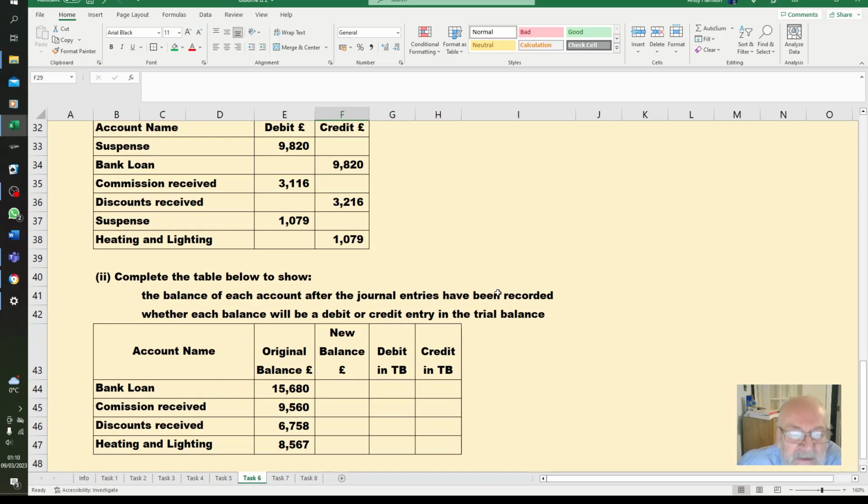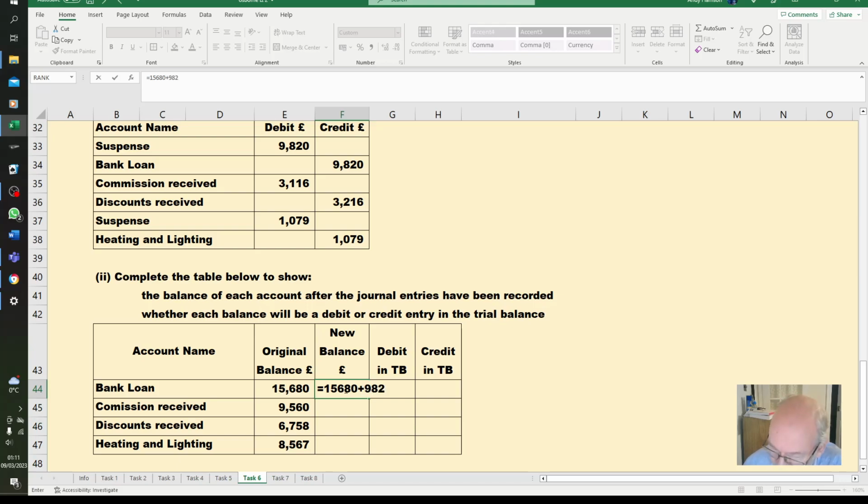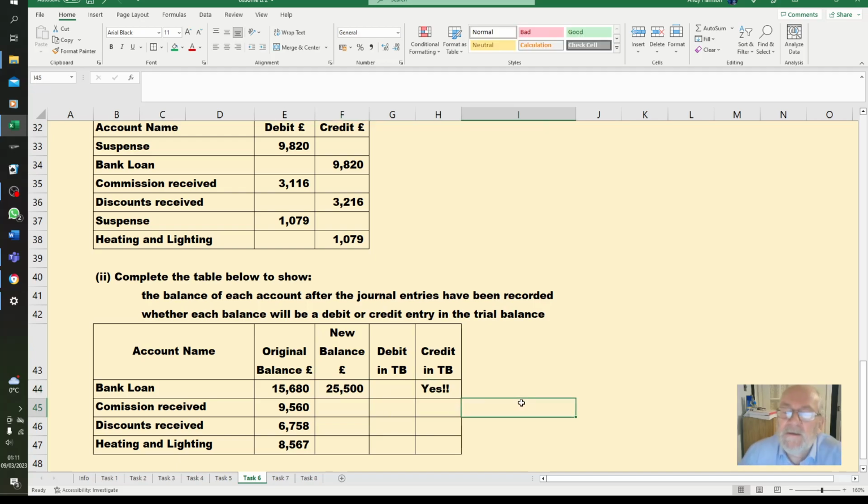And what we've been asked to do is to work out the new balance. So a debit and a debit add, credit and a credit add. A debit and a credit will reduce, credit and a debit will reduce. So a bank loan is a credit entry, and we are crediting it, so we're adding, so it's increased, and it's a credit in the trial balance.